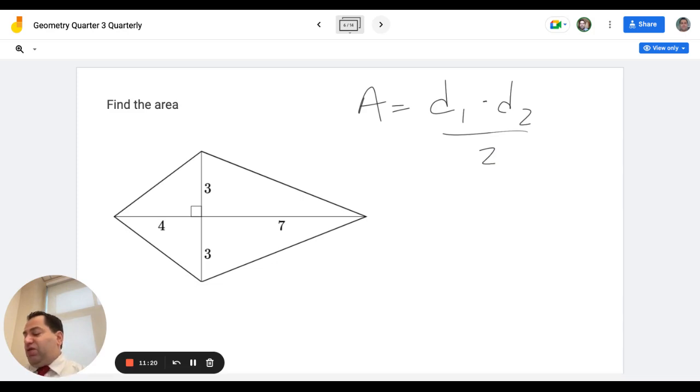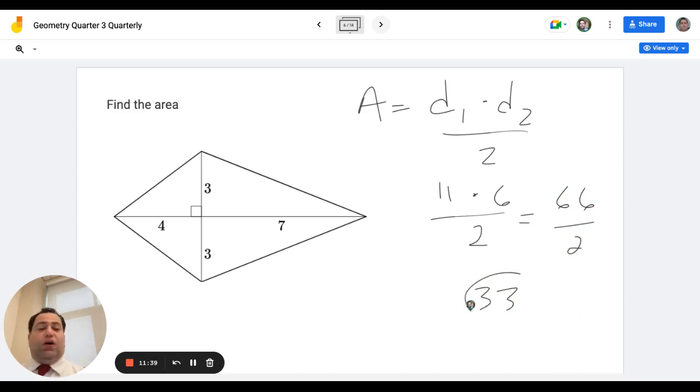So 7 and 4 is going to be 11. 3 and 3 is 6. Okay. This is going to be 66 divided by 2. 66 divided by 2 is 33. So why don't you go ahead and give that kite problem a try.